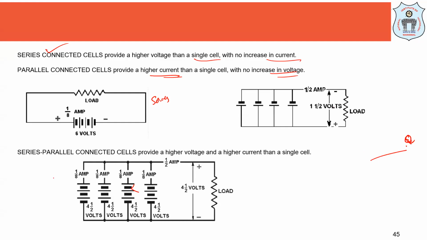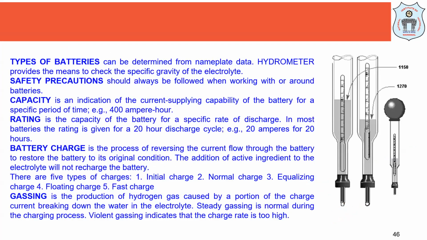Here, when you look at series parallel connected cells, they will provide both higher voltage and higher current. So according to the requirement of what voltage output we want and what current we want to get, you can have it in series mode, parallel mode, or series parallel mode. Accordingly, you are going to get a different voltage and current.